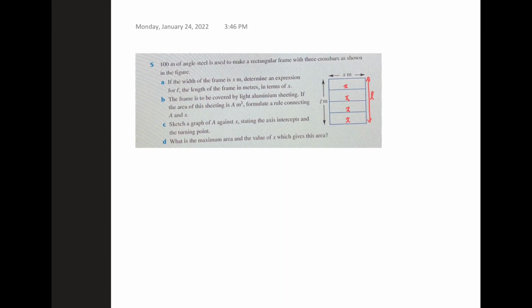Okay, so altogether, the 100 meter is L plus L plus x, x, x, x, x, 5x. So which is going to be 2L plus 5x.